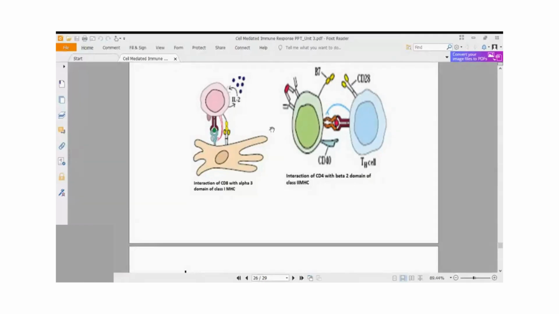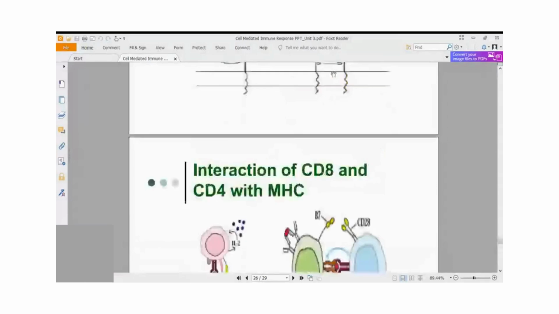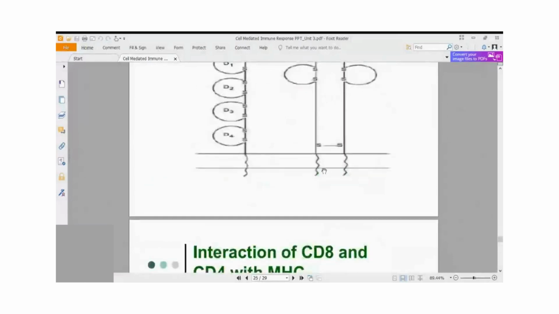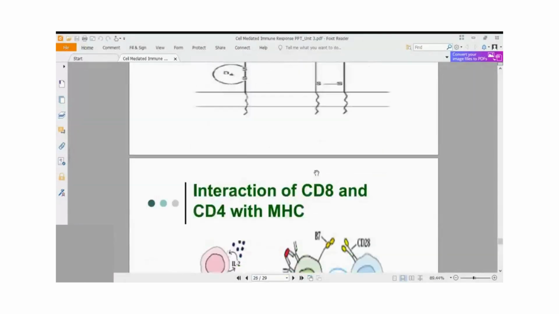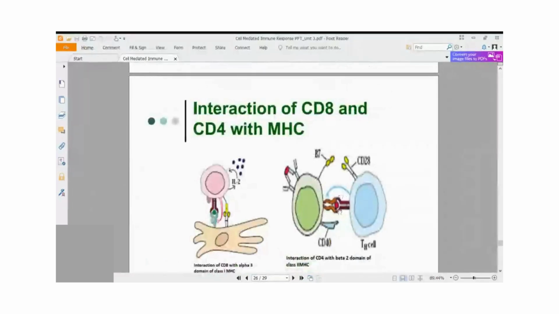And since they have quite a long cytoplasmic chain made up of 25 to 27 amino acid residues, they facilitate T cell activation by signal transduction through the cytoplasmic domain together with the TCR CD3 complex, and they are also responsible for signal 1.